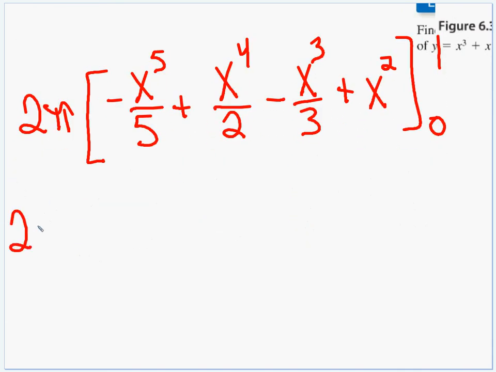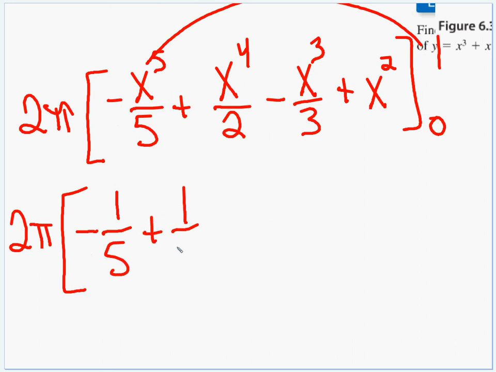So there's our 2 pi waiting for the end of the problem. And the 1 jumps in, so we're going to have a negative 1/5 plus a half minus a third plus 1. If we plug in 0, then all the 0s will go through and zero everything out.